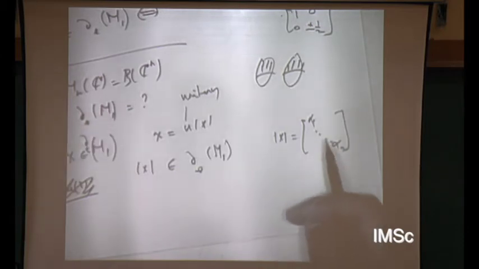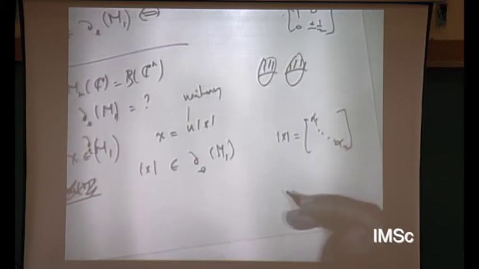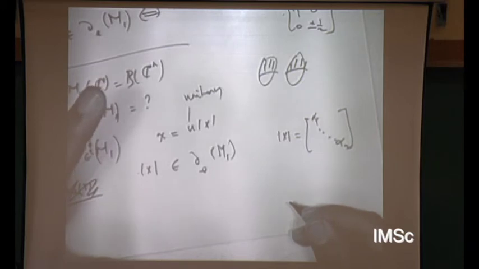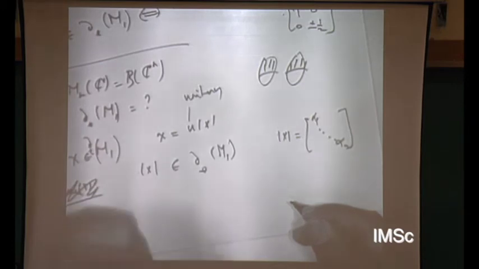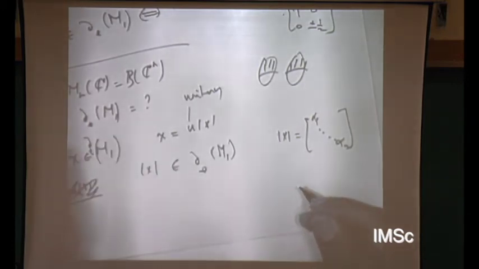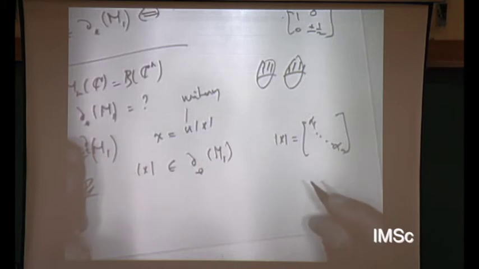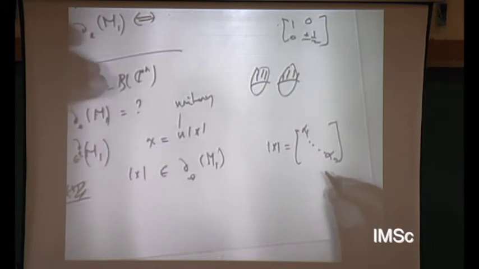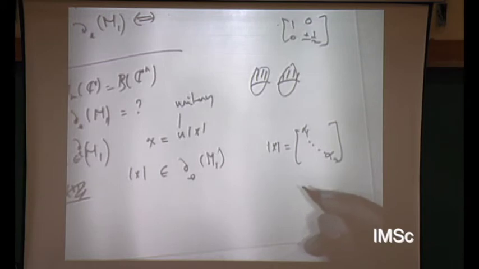Can alpha 1 be half? Can you write half as an average of two things between 0 and 1? You cannot write half as an average of two things between 0 and 1.